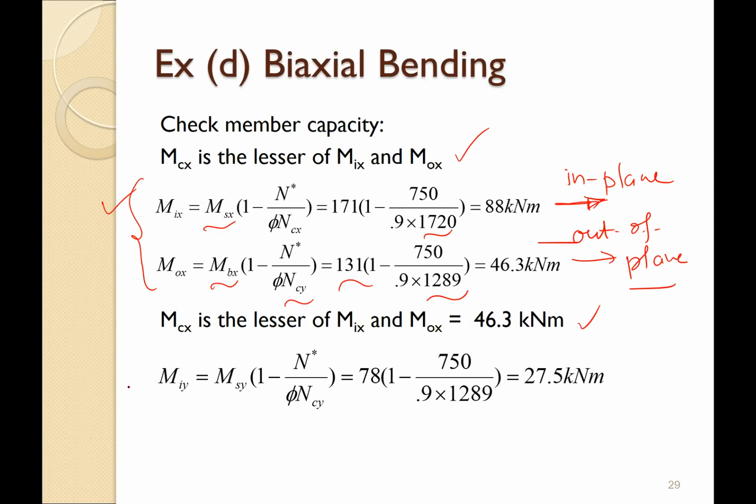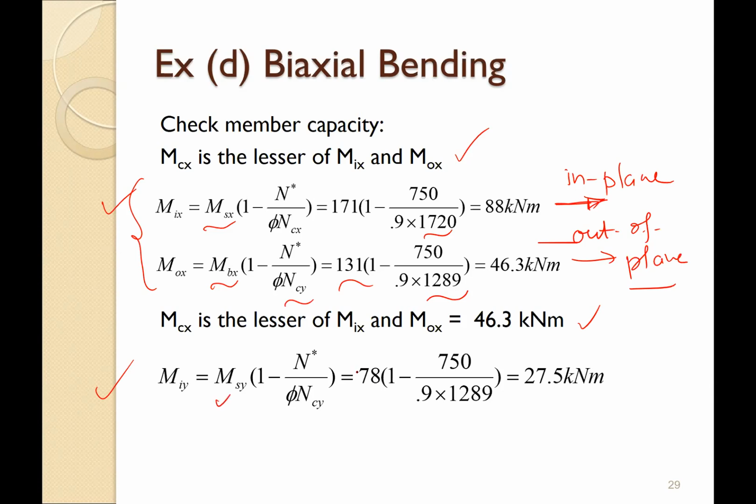Obvious. And then we are calculating MIY, which is the capacity of this section when we are considering the buckling about the Y, that means minor axis. That's why it is used as MSY.